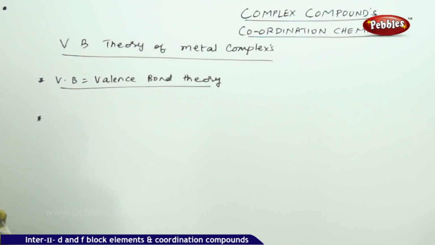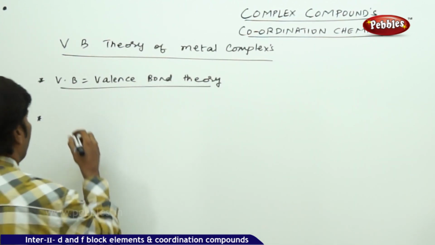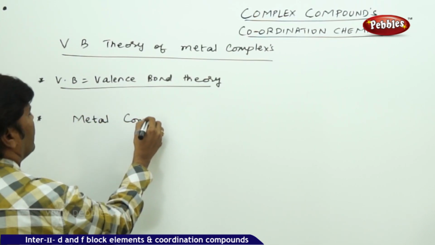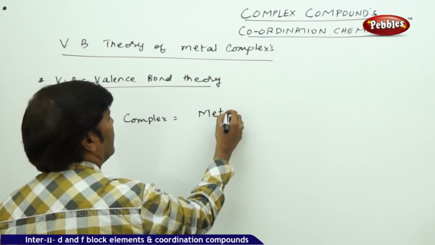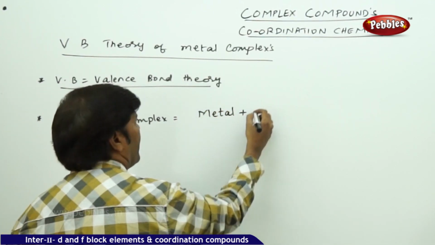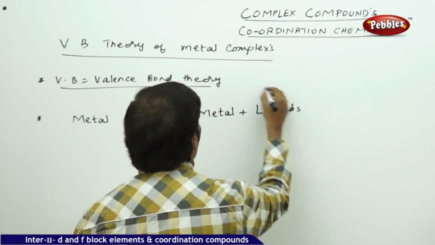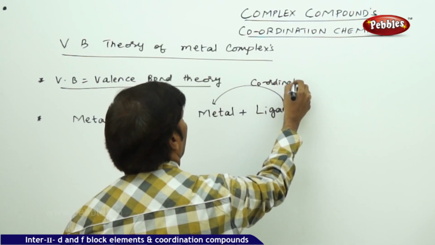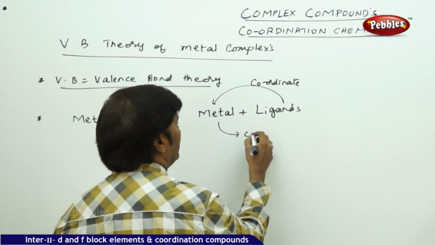In the valence bond theory, you take a metal complex, which is made up of a metal plus ligands. Ligands always coordinate with the metal to satisfy the coordination number.